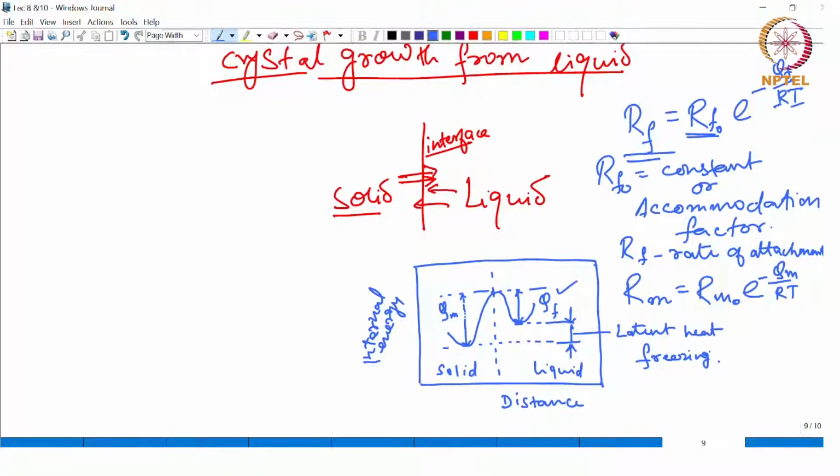Right, because here we are talking about freezing of a solid, that means solidification from the liquid phase. Okay.